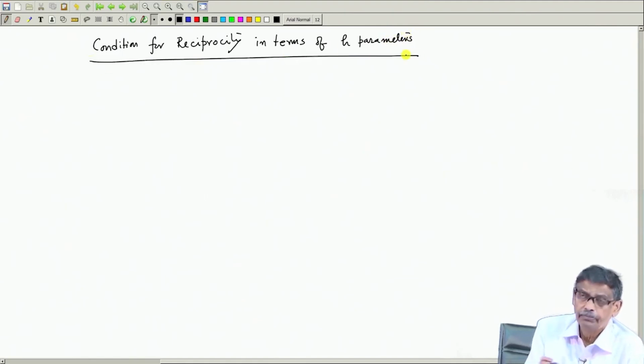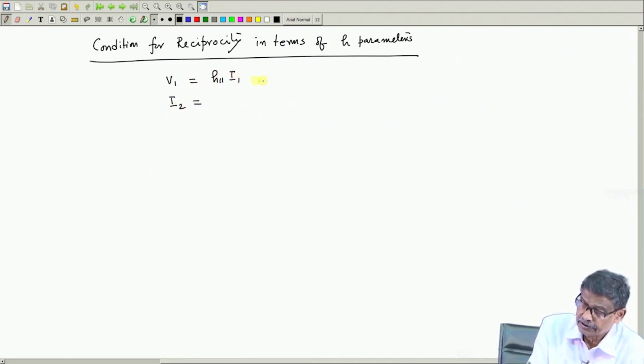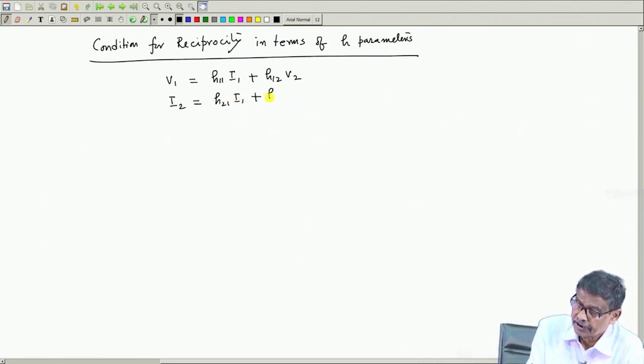So, once again we will do the same thing, but let us write down. The general equation is V 1 and I 2, expressed as H 1 1 I 1 plus H 1 2 V 2, and H 2 1 I 1 plus H 2 2 V 2.